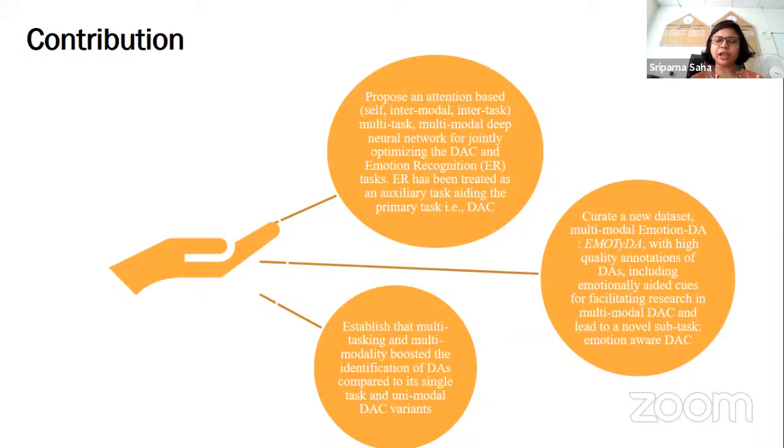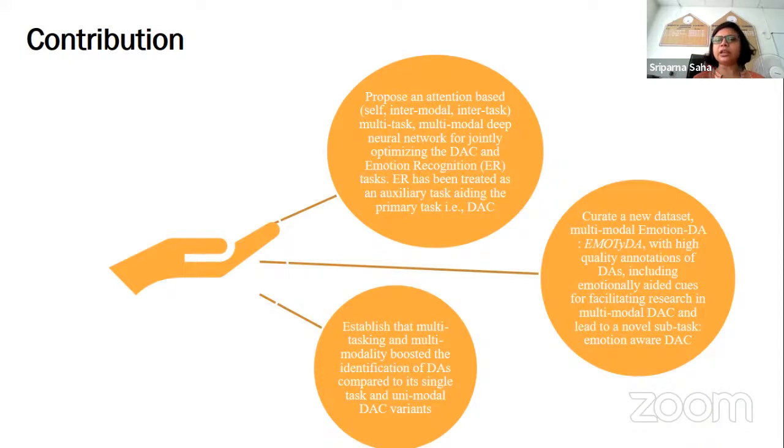And here basically we have developed a multitask-based approach where our main task is the dialogue act classification, that is, to identify the category of the utterance. But it will be done in a multimodal setup where we will not only consider the textual representation of the utterance, but we will also consider the audios and the videos.